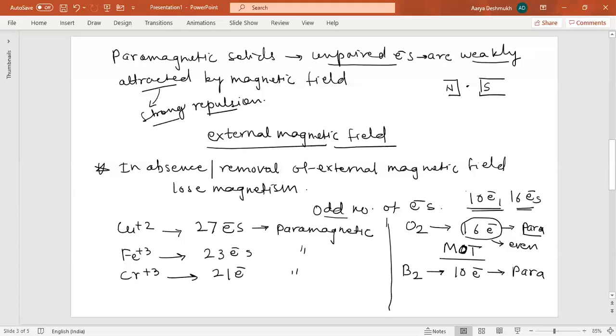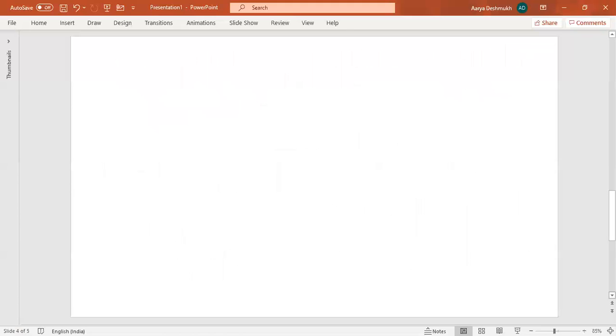Now the next we proceed further for the third type of category, that is a ferromagnetic solid. Now the substances or the solids containing large number of unpaired electrons are present and are attracted strongly.